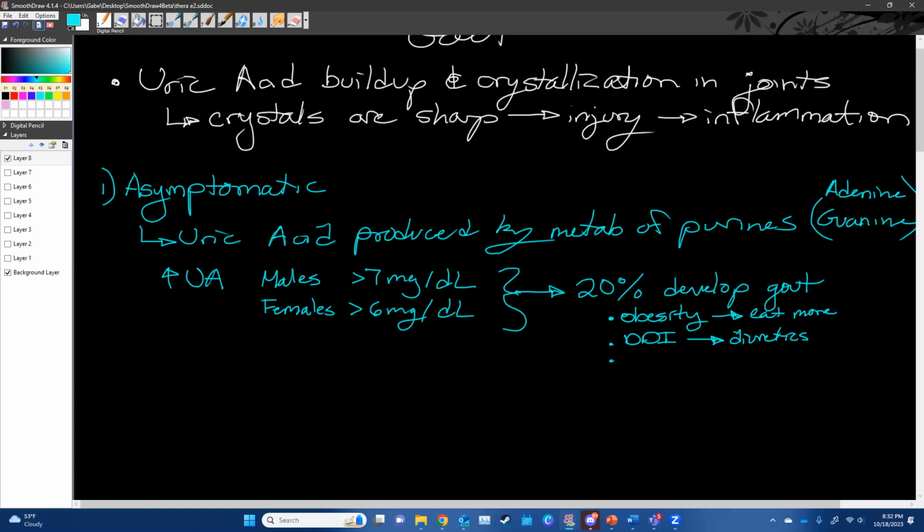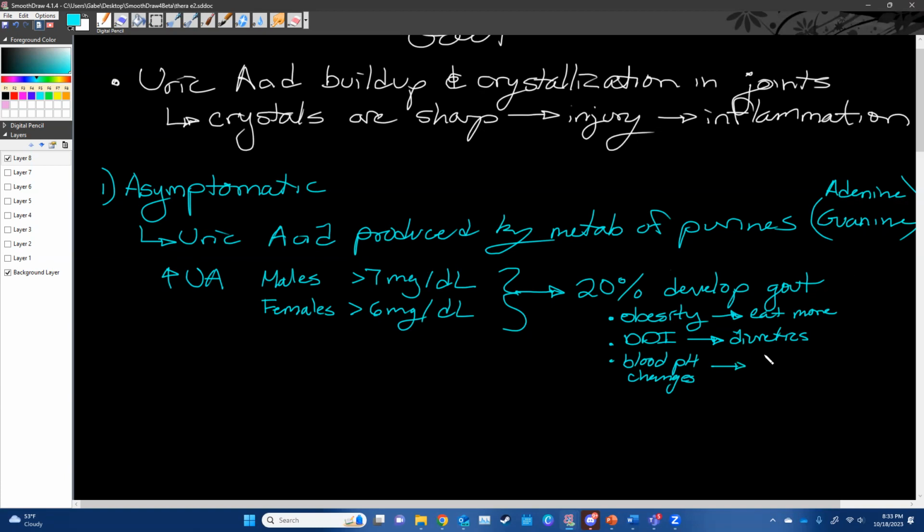And then the last part here is blood pH changes. Uric acid is an acid, which means that it's neutral in acidic conditions. If you change the pH of the blood, especially rapidly enough, then you can end up with some pretty potent uric acid formation.